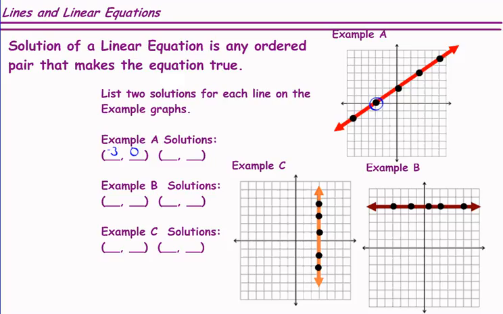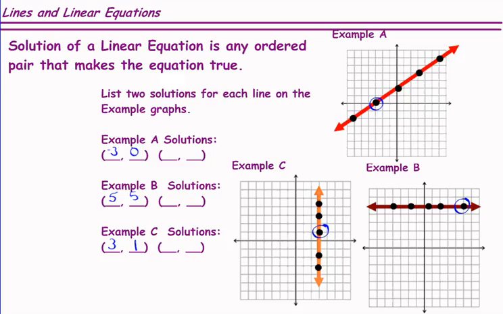Now, example B. This is the solution I'm going to write down, which is 5, 5. You write down one of the other ordered pairs. And for example C, I'm going to write down this ordered pair, which is 3, 1.